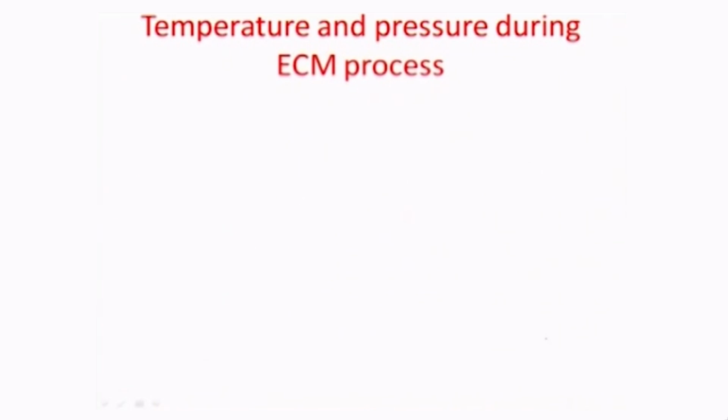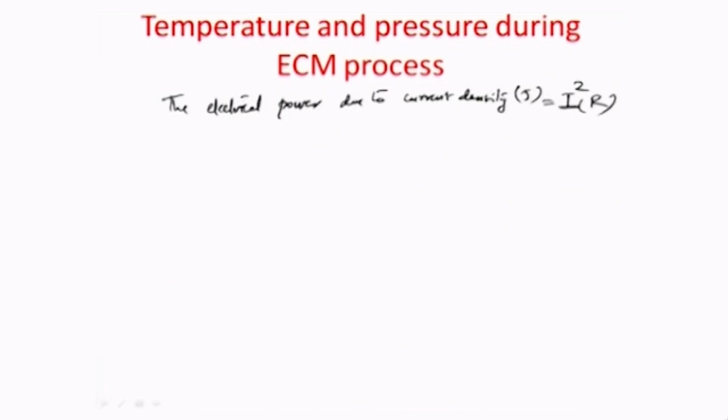And if we look at that, the electrical power due to the current density, which is dependent on the flow of the ions, right, is equal to I square R, where I is the current and R is the resistance of the medium.